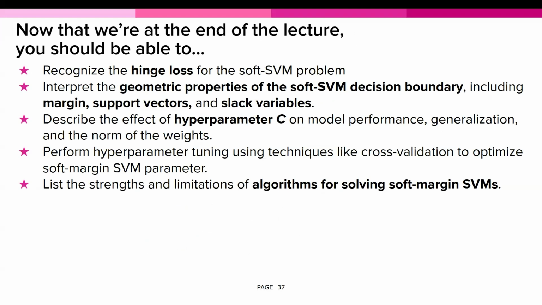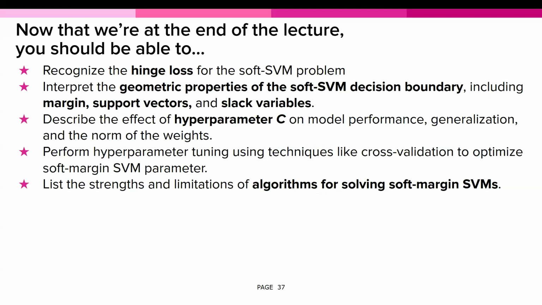Also, talk about the geometric properties of the soft SVM decision boundary. So we talked about the margin, what the support vectors are now. They're a little bit different than in the hard margin SVM. We have slack variables to quantify the distance between a training point and the margin.